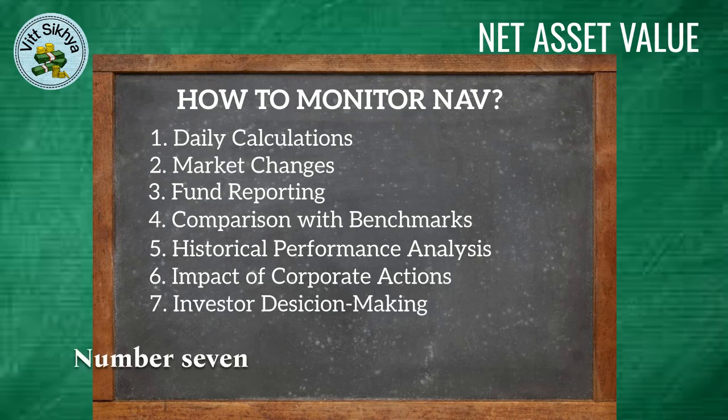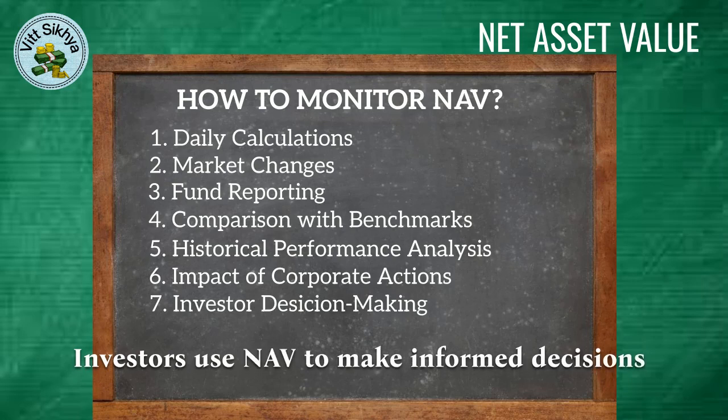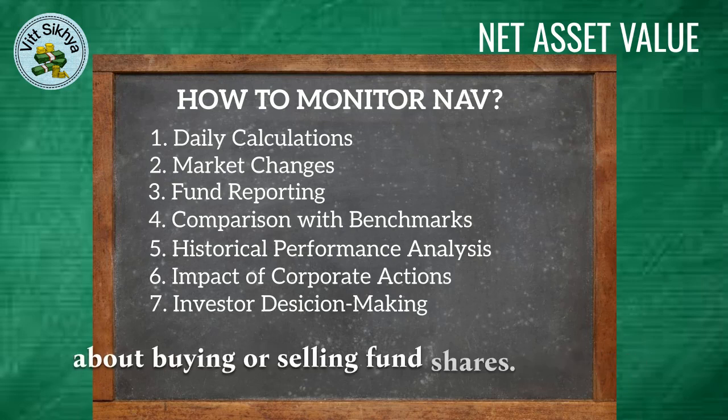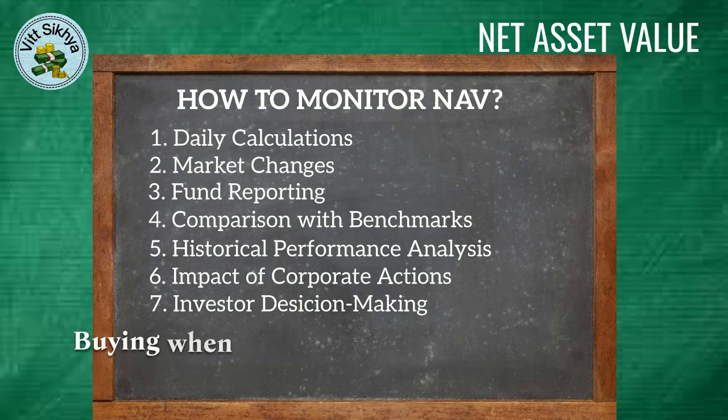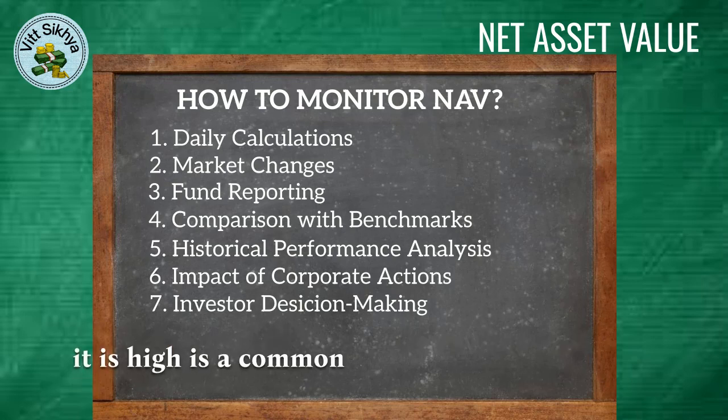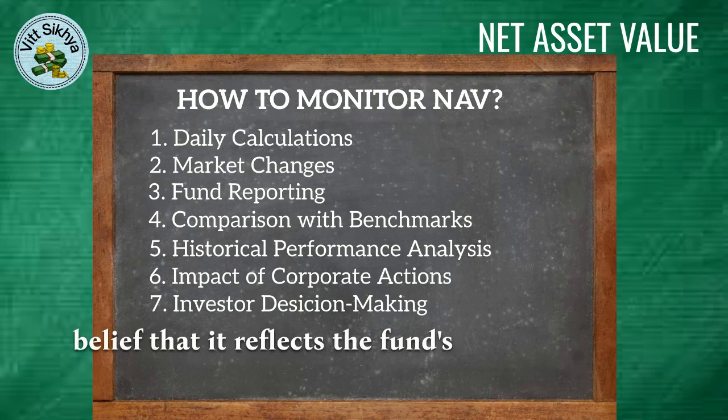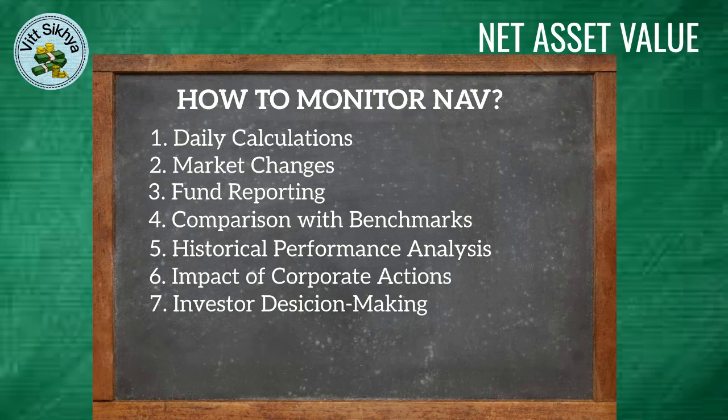Number 7, investor decision making. Investors use NAV to make informed decisions about buying or selling fund shares. Buying when NAV is perceived as low and selling when it is high is a common strategy based on the belief that it reflects the fund's value accurately.